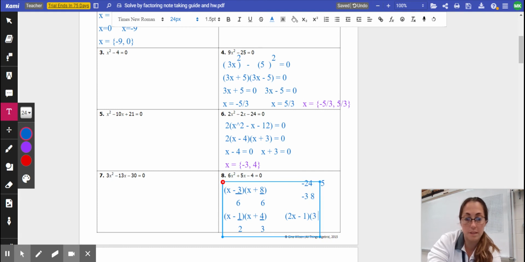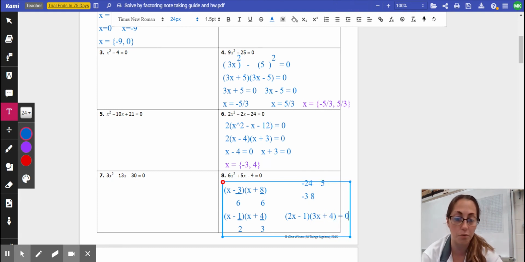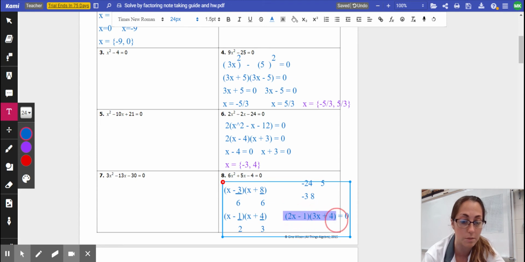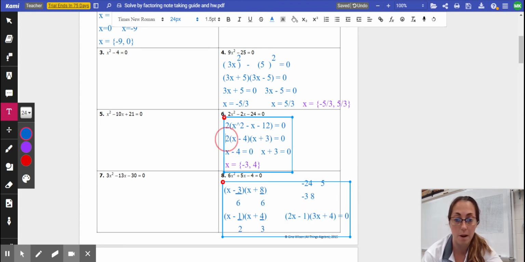And then 3x plus 4 equals 0. The reason why I said factored form there and kind of paused, I want to remind myself to tell you guys that this is an example right here, 2x minus 1 times 3x plus 4, of a problem in factored form. Same right here. This is a problem in factored form. So that's valuable for a conversation we're going to have soon after this. Okay, so keep that in mind.